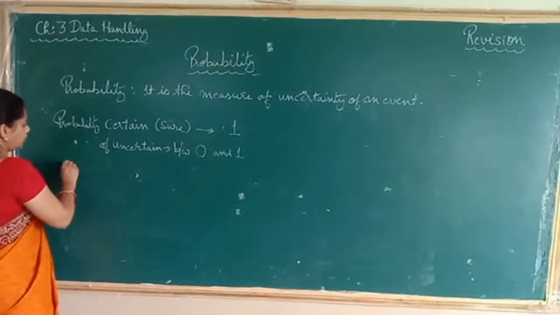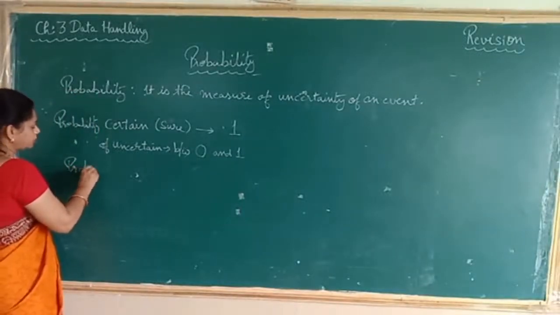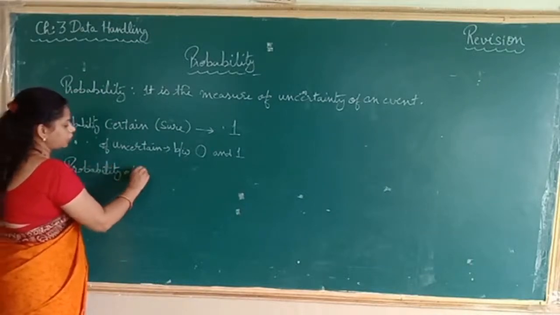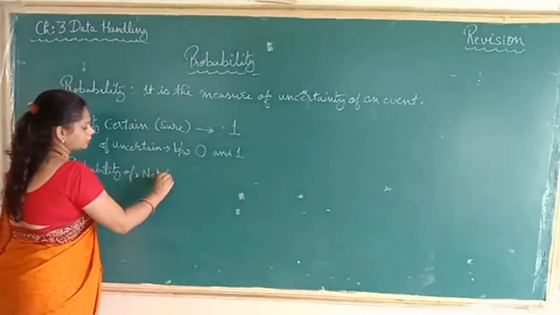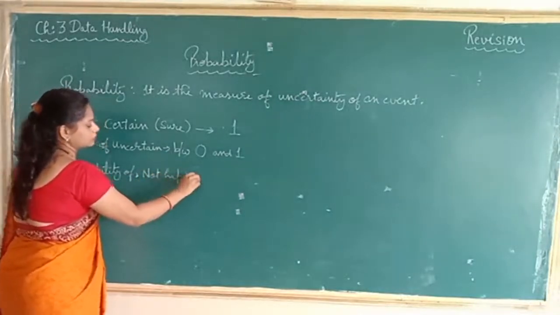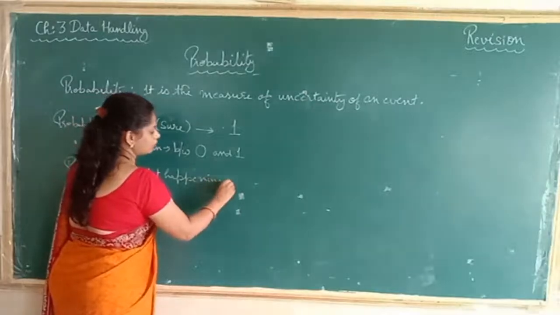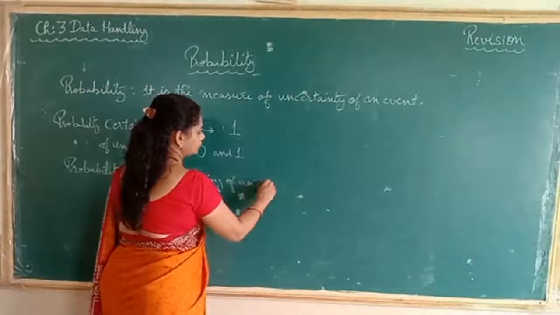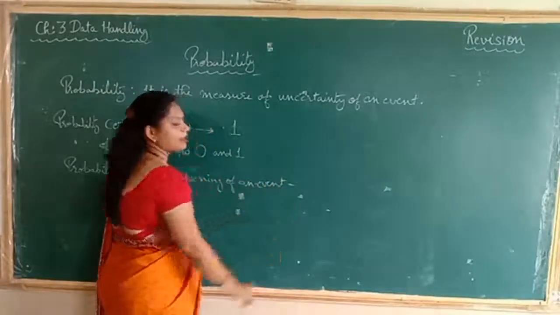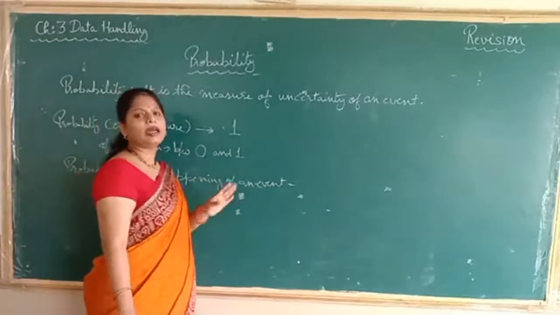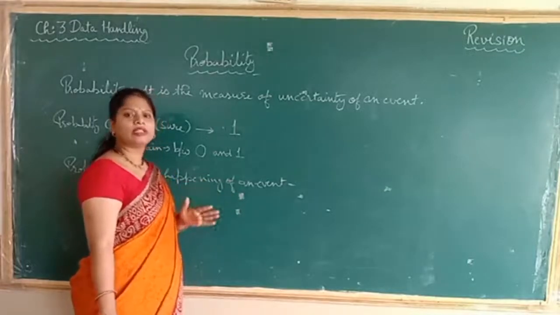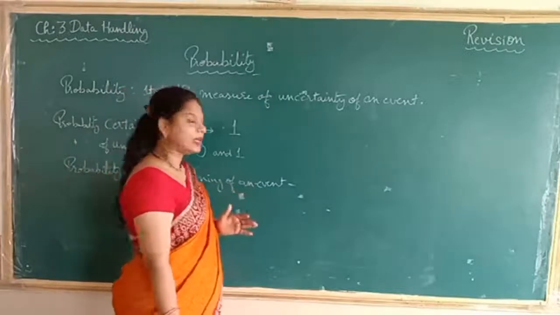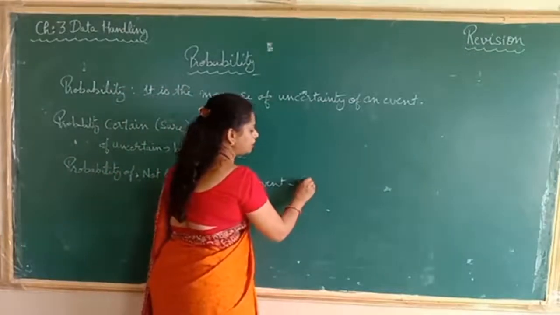While the probability of not happening of an event: if we know that an event will not happen under any condition, whatever happens, the work will not be done, if we are that sure, then we can say the probability of that event will be 0.